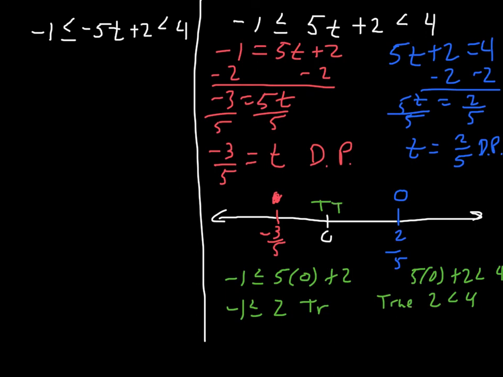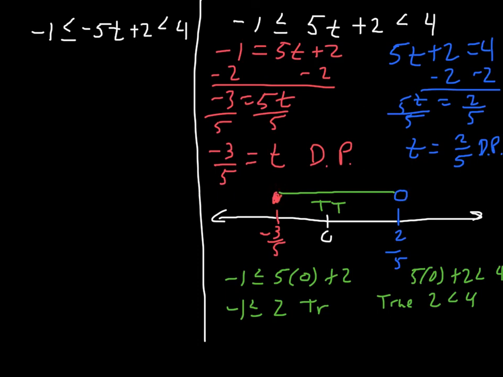So they're both true. So that means that the lines go like this. They are connected. They do not go past each point. So at this point right here, this line stops. From this point here, this line stops. It does not keep going. So those are the endpoints.